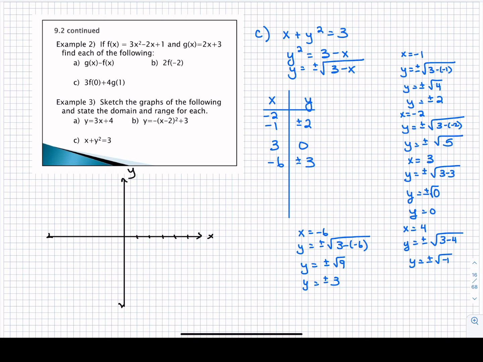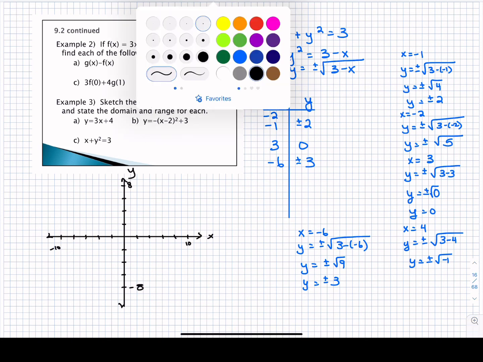So 2, 4, 6, 8, this gives us positive 10 here. And positive 8 for the y's on the top side. And then we've got negative 10 and negative 8.